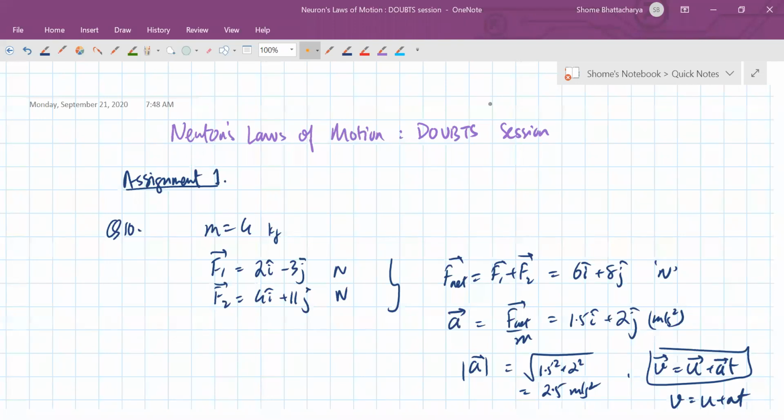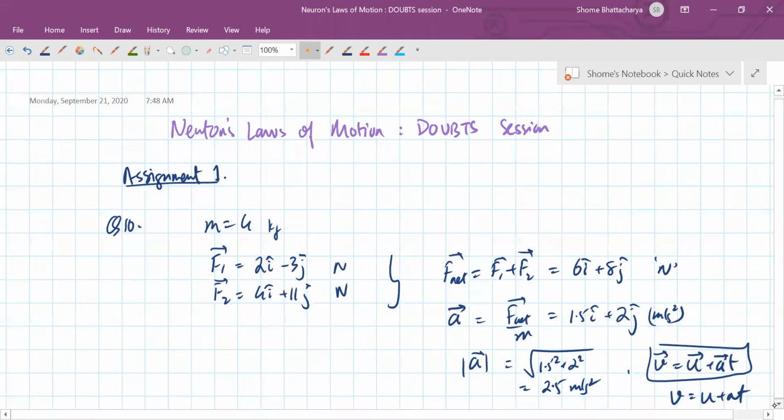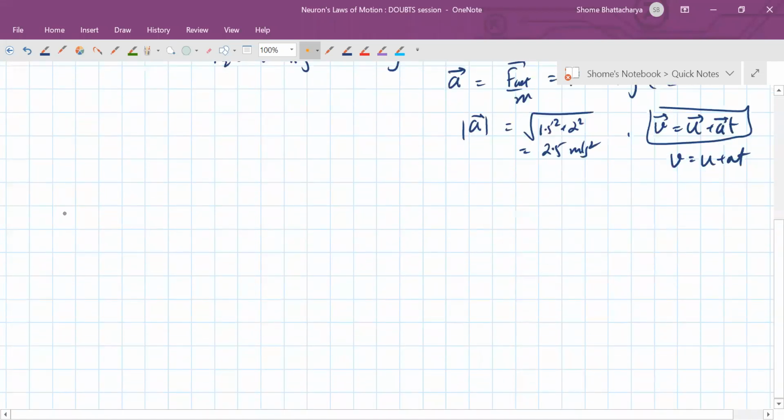Okay, 11th question. The 11th question is a question of differentiation. Question 11, what is happening? The velocity of a body is given to us. It's like this, it is V naught.